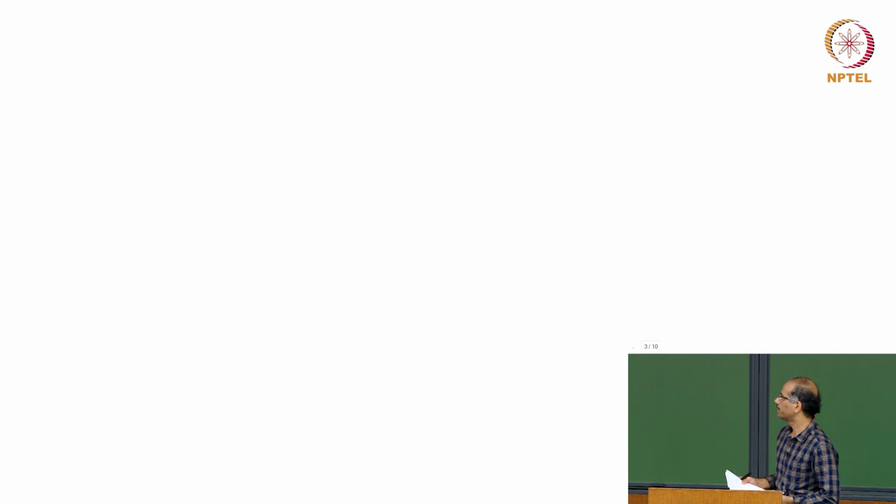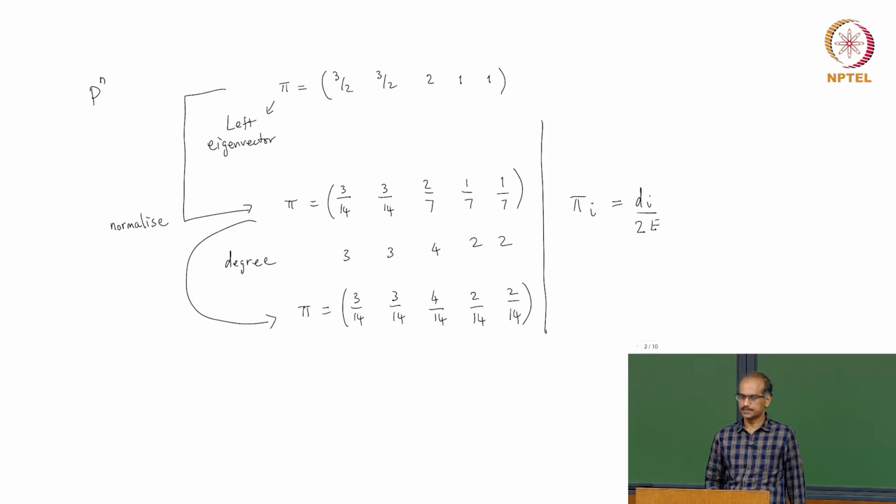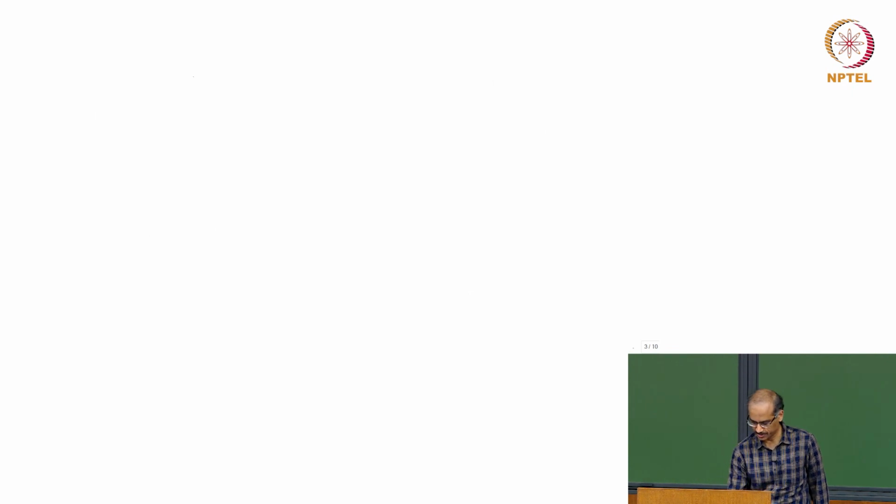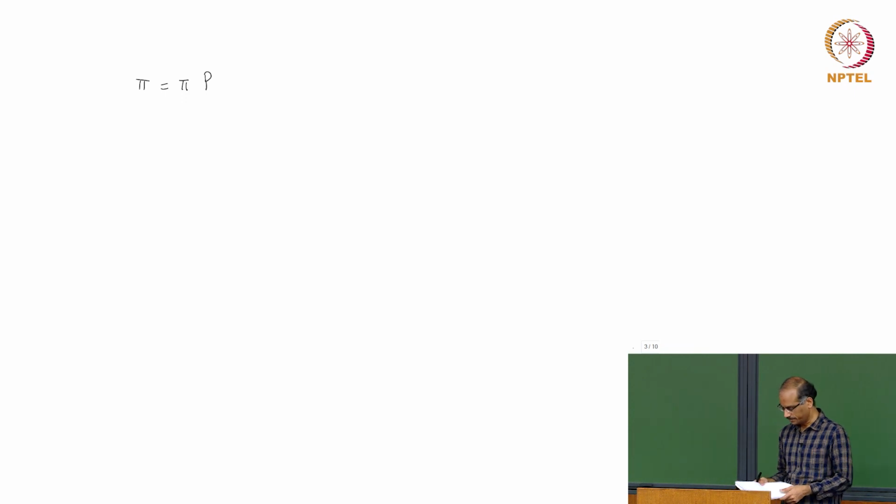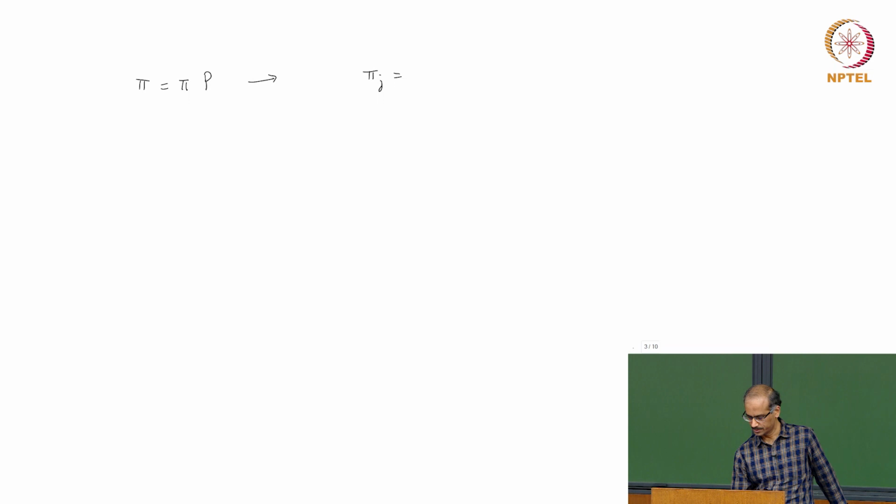For example, one thing you can do as a quick exercise is take this, plug it in this equation that we wrote down yesterday. So write the form for Pij, and if I have to write this equation in component form, I would write it as pi j summed over i Pij.